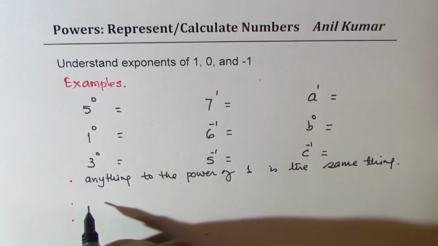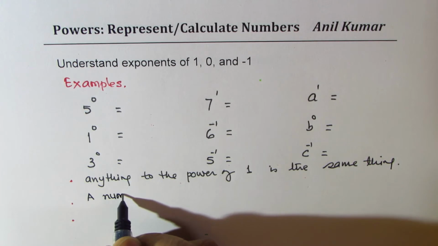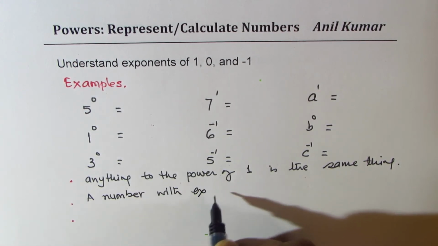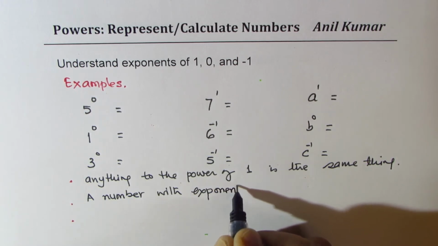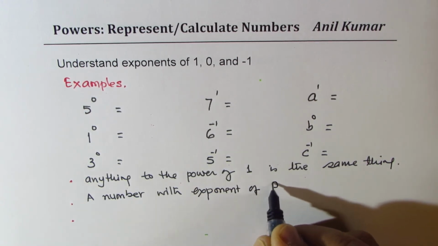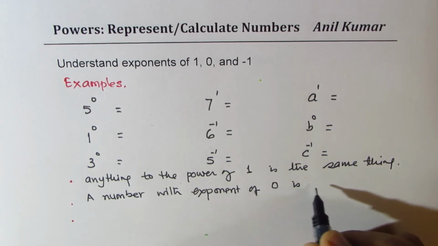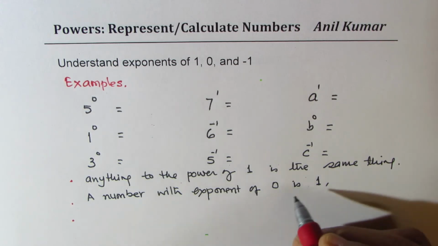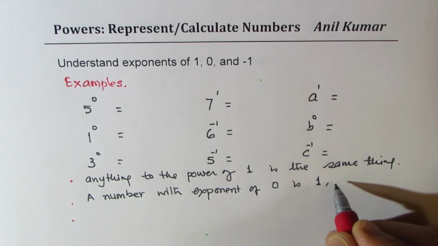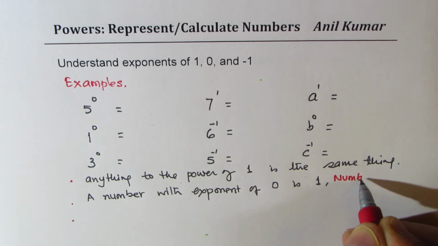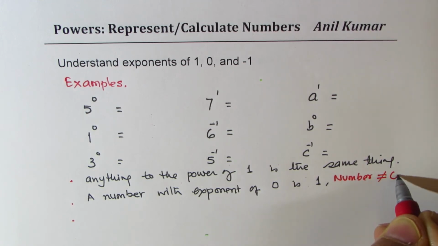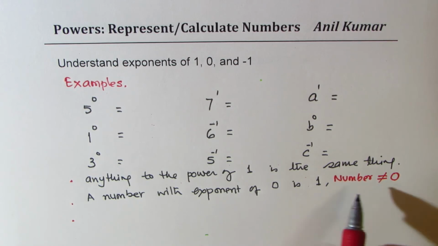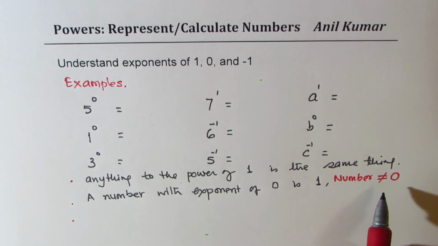Let me put in other words, a number we're talking about with exponent of 0 is 1. Now here there is one exclusion, and that is when the number is not equal to 0 itself. Is it okay? Now 0 over 0 is not defined, so we'll take that as a separate case.